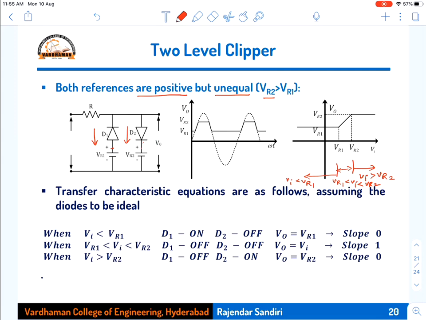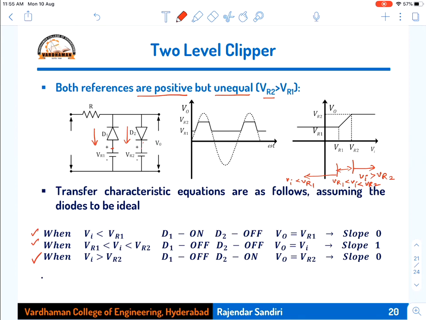Three segments of the waveform you will get, so three conditions we have to check: Vi greater than VR2, Vi less than VR1, and Vi between VR1 and VR2.